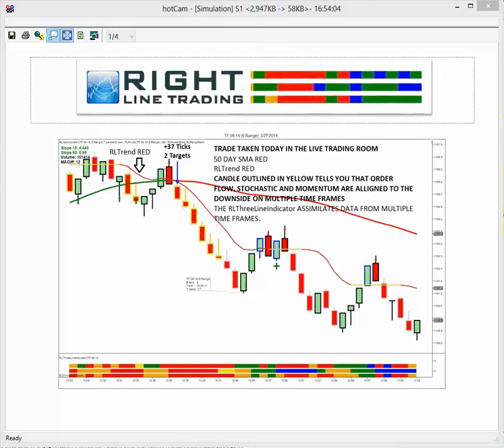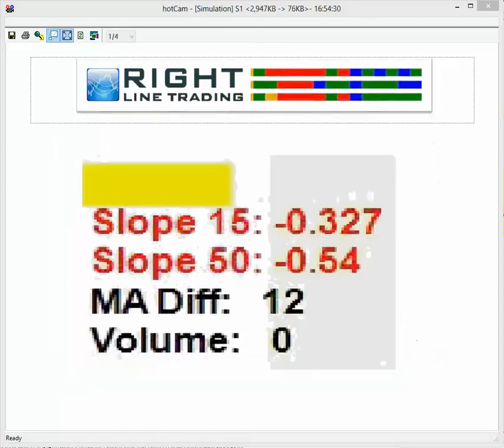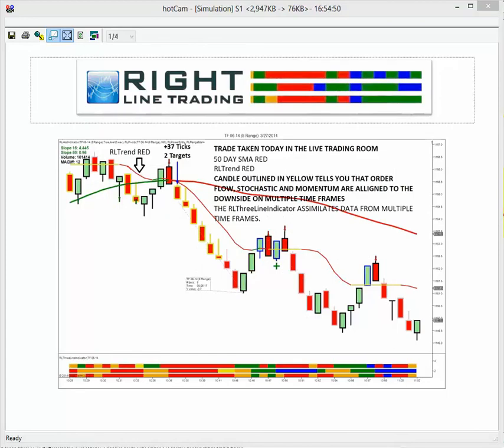And we also have other things that help us define risk. Now, in the upper left-hand corner, we have the slope of the 15. If you come into the trading room tomorrow, I'll show you a little bit more about how that works, the slope of the 50. Now, we don't use the oscillator to define overbought. What we use to define overbought, oversold is the difference between the 15 and the 50. You can see that as the 15 opens up a space from the 50, the market starts to get oversold.